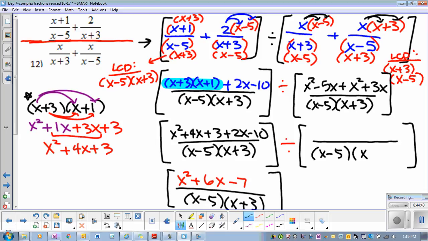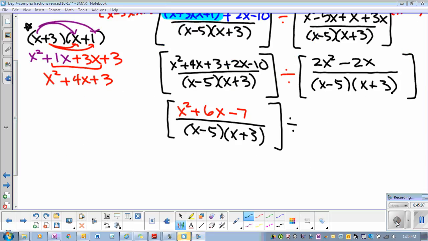X to the fourth minus 2x. And can we divide by 2x? Yep. Now, divided by, and I'm actually going to factor that out.